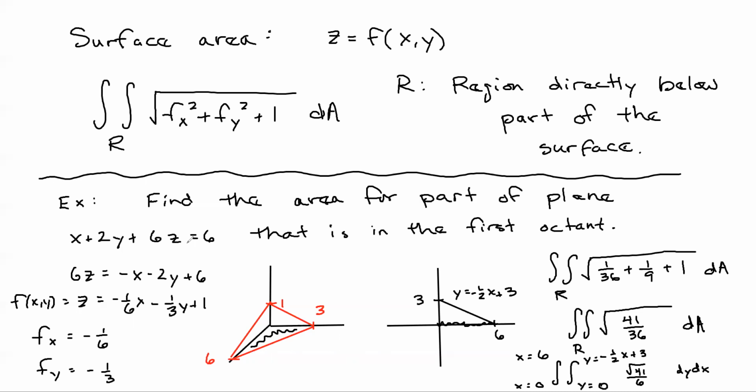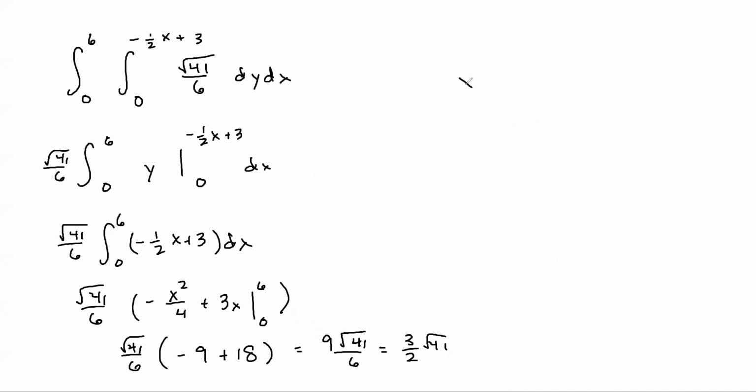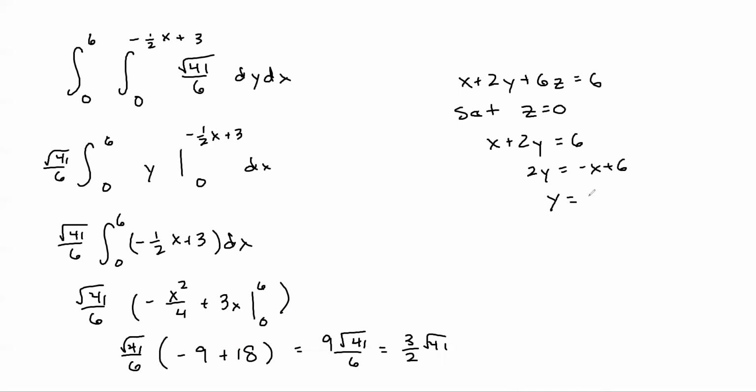The xy plane is defined by z equals 0. So what you can do is take this equation, x plus 2y plus 6z equals 6, and set z equal to 0. If you do that, you'll get x plus 2y equals 6, and then 2y equals negative x plus 6, and then y equals negative 1/2 x plus 3.